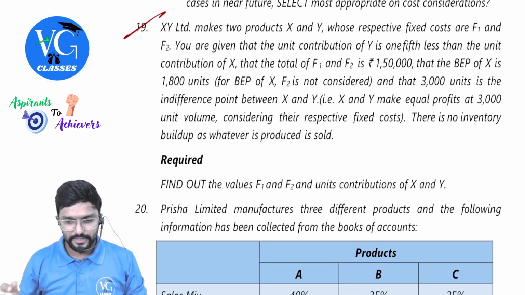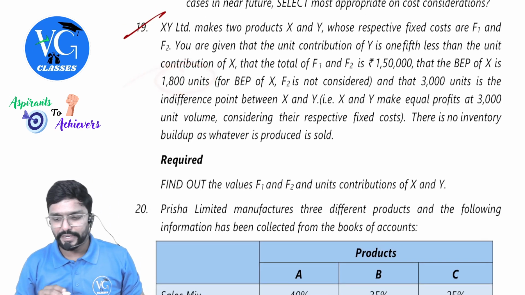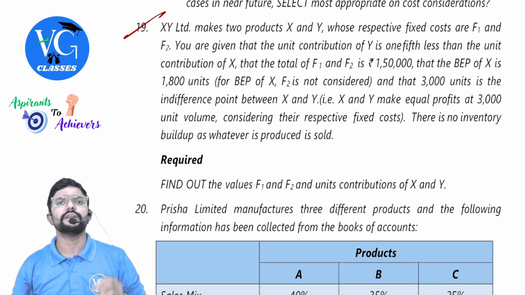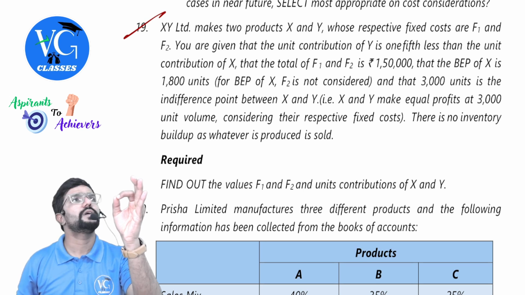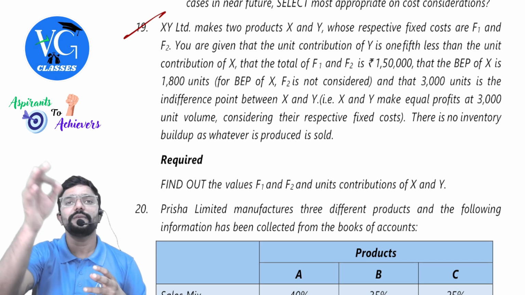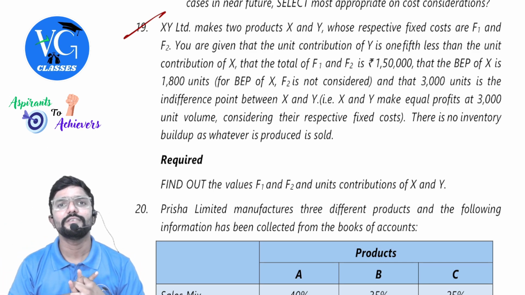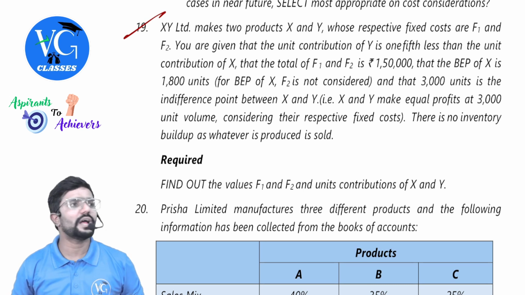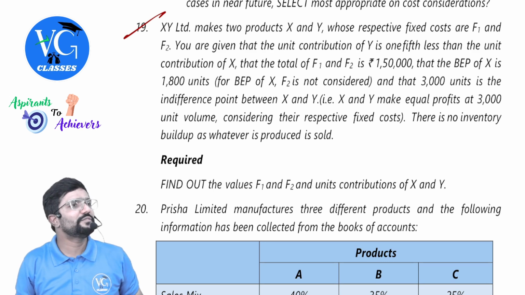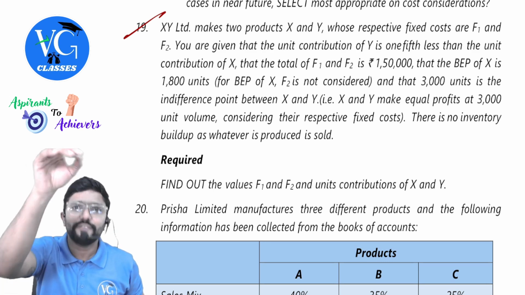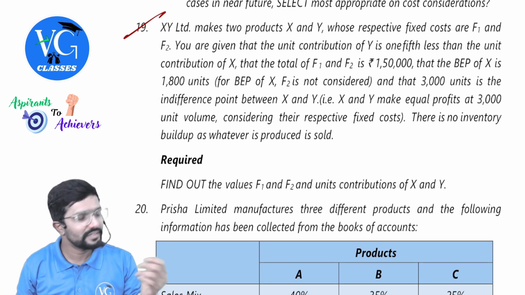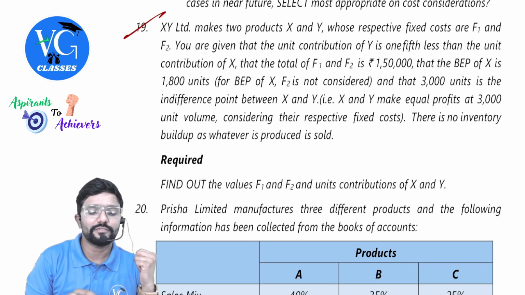At break-even point, X is 1800 units. At break-even point, the fixed cost is equal to contribution, and profit will be 0.